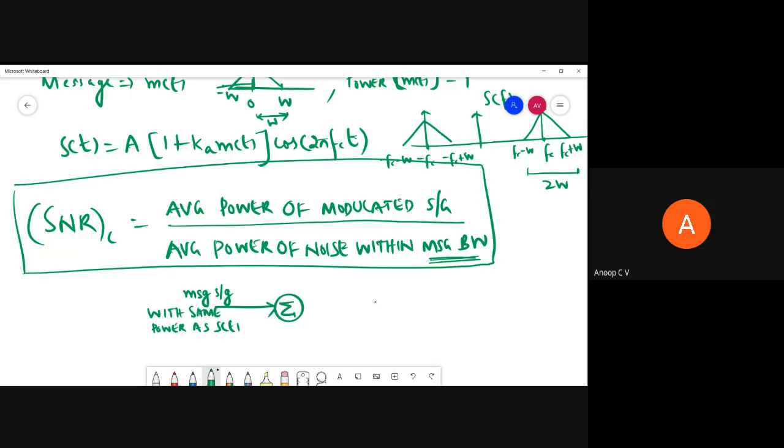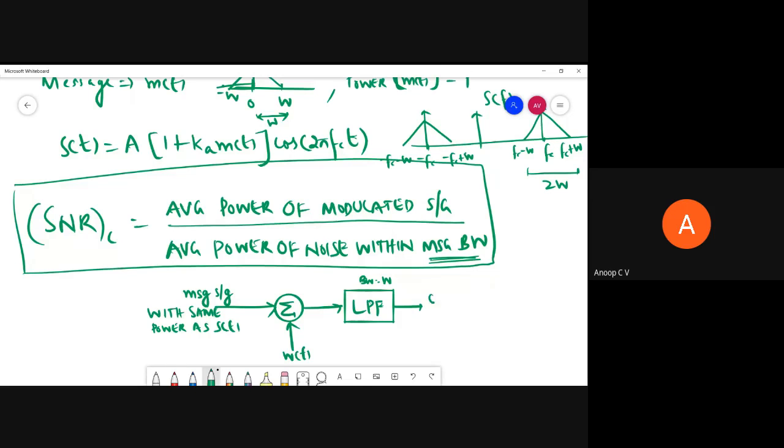We have noise W of t, and we pass it through a low pass filter. This is the equivalent model to find SNR C. A low pass filter of bandwidth equal to W.